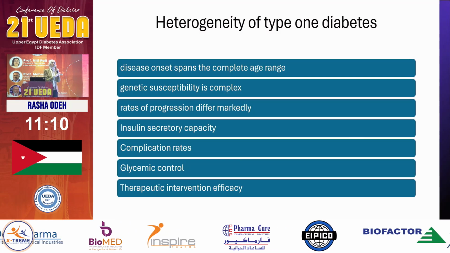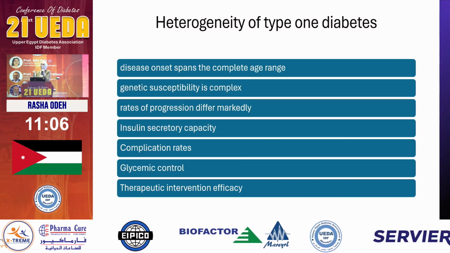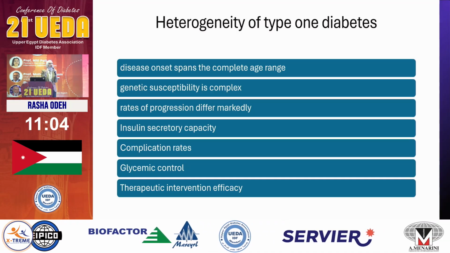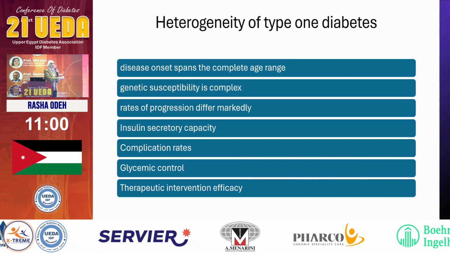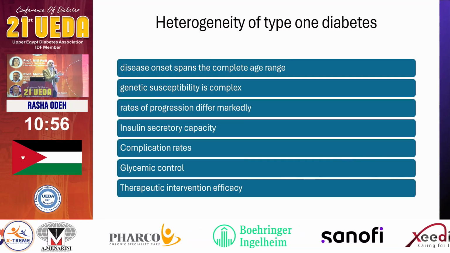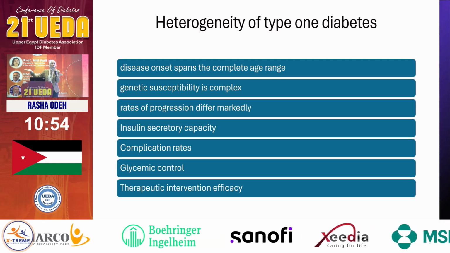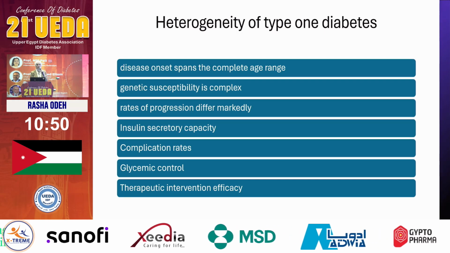On the other hand, I have a lot of evidence that there is a heterogeneous background in type 1 diabetes. First of all, we have type 1 diabetes in all age groups. Why does one person develop it at 2, 3, 4 years old, and another at 40, 50 years old? Then we have the genetic susceptibility, which is complex.